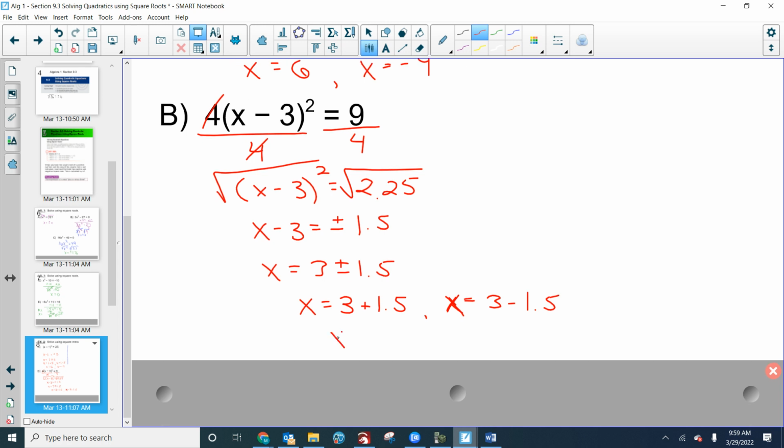You should get 4.5. And what's 3 minus 1.5? Shouldn't need a calculator for this one. 3 minus 1.5. 1.5?